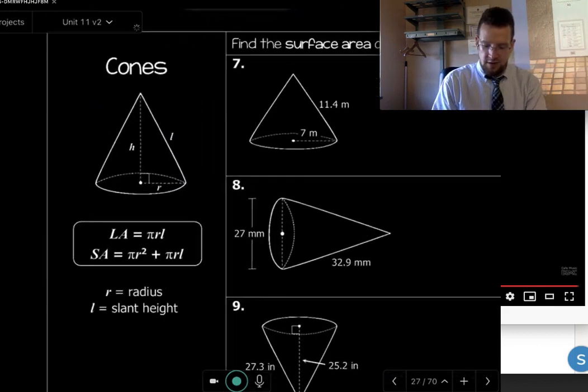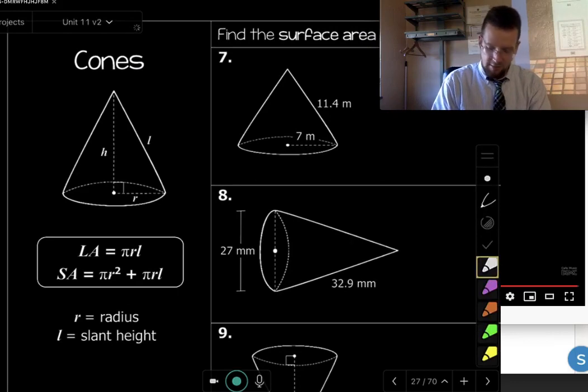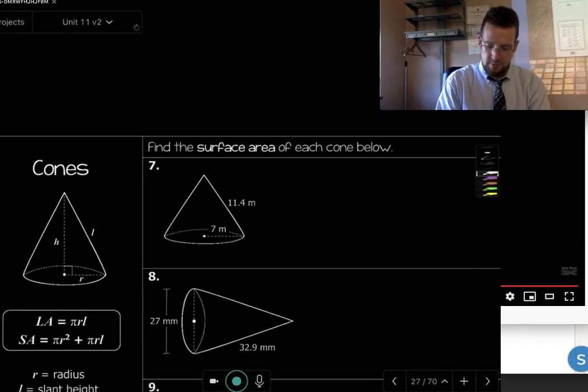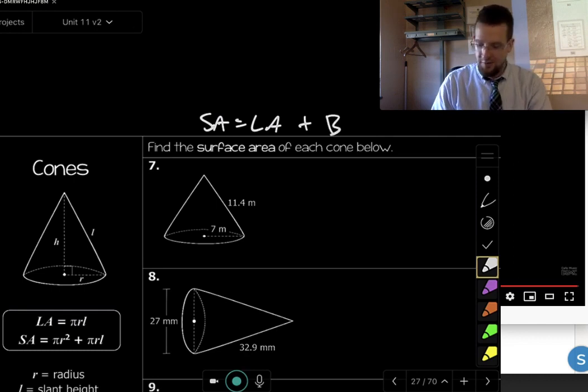Let's move along to look at cones. And again, cones, we have the same thing. Surface area is the lateral area plus the area of the base. There's only one here. So let's see, our lateral area is pi RL.